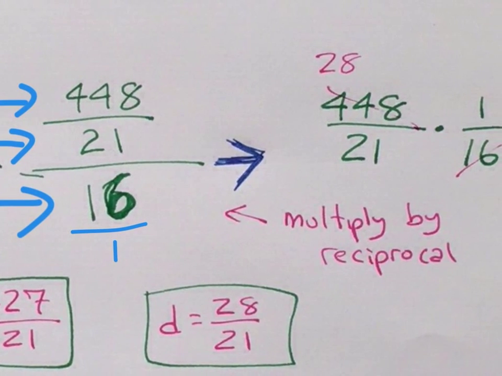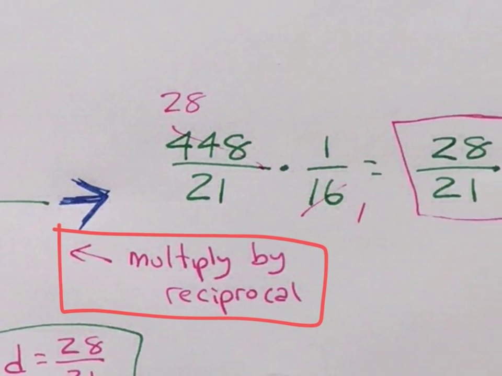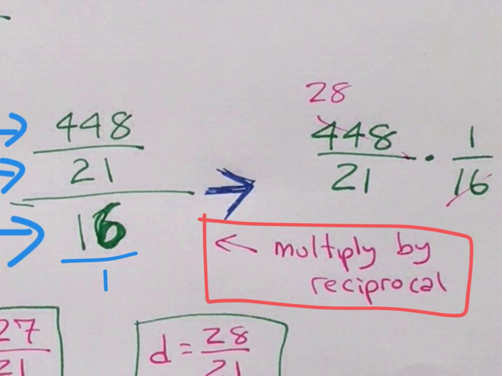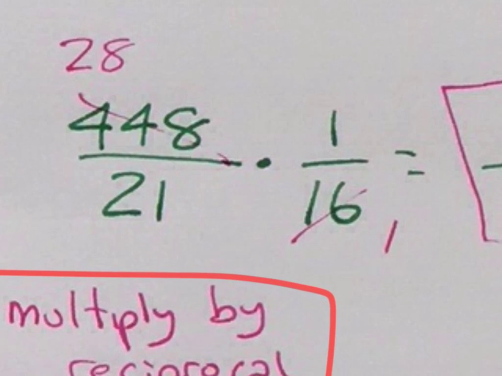Well, we're going to multiply by the reciprocal. The reciprocal of 16 over 1 is 1 over 16. So we take this new difference on the top and multiply it by 1 over 16. 448 divided by 16 is going to give us 28, so the 16 cancels out.